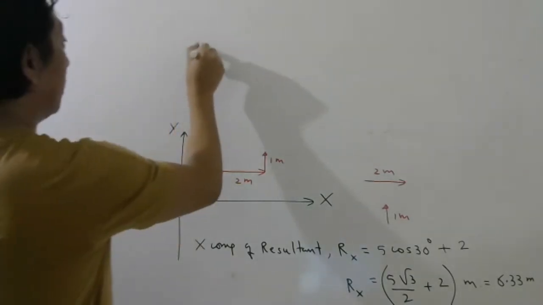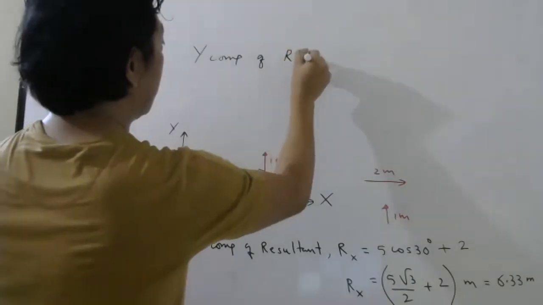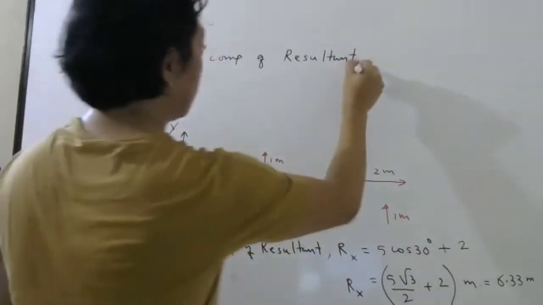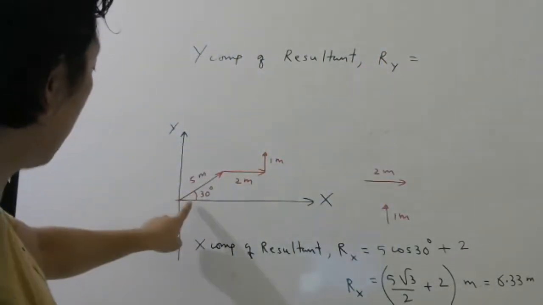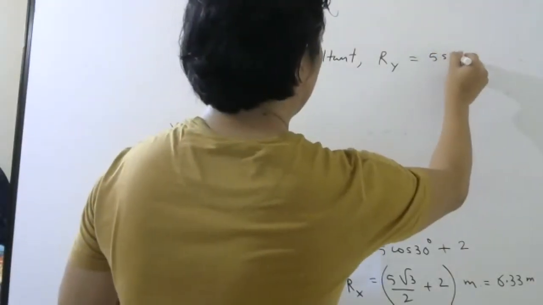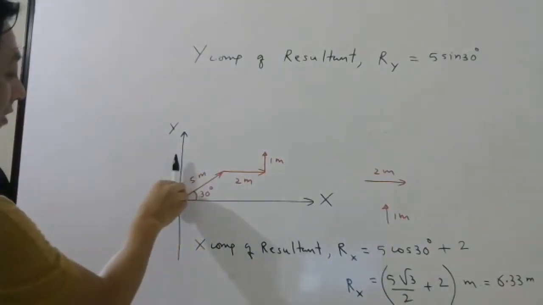So y component of resultant, Ry, let us call it Ry. What was the y component of this? 5 sin 30. Check the diagram. Y component of this was 5 sin 30.